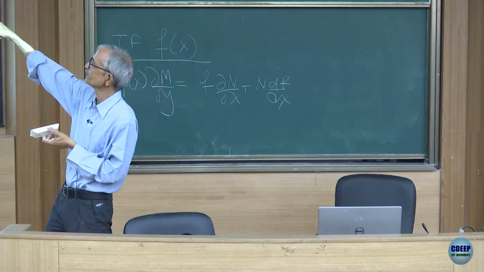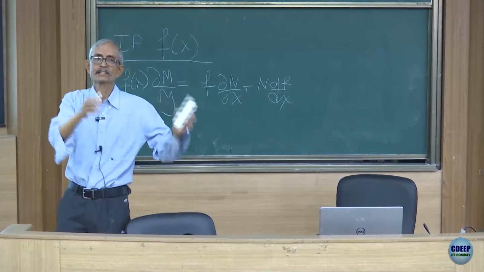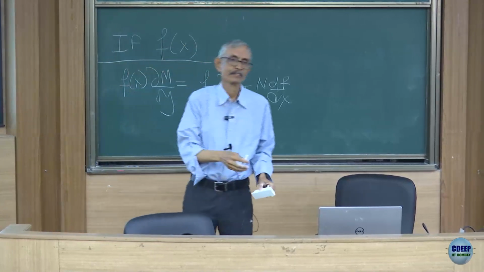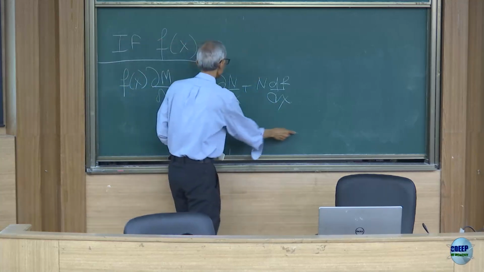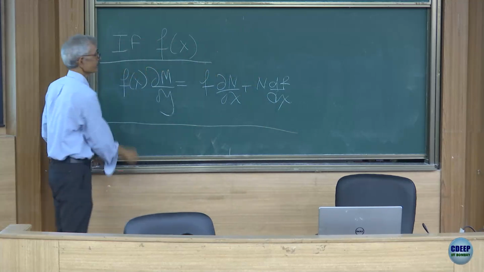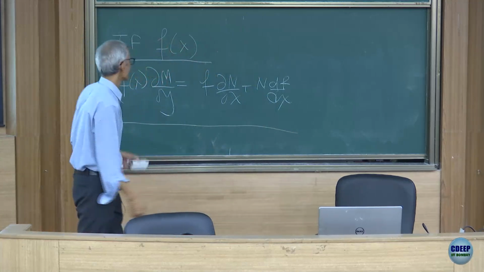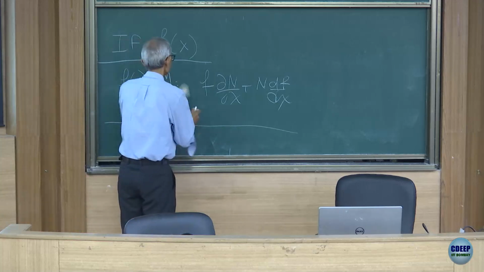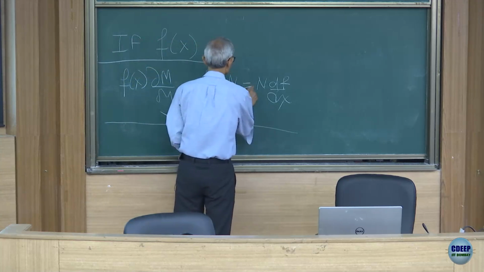My objective is to make that into a total derivative by multiplying it with some function f. Okay, and we multiplied it, we came up to here, and now I have this here. Now can I get something out of this? Now I take this to the left hand side, minus, and I say this is equal to this.